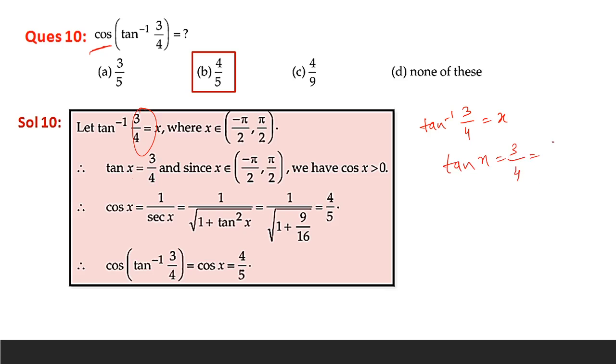And what is the tan function? Tan is p by b. What will be the hypotenuse in this case? Hypotenuse will be 5, right? And we have to talk about the cos function, so cos is b by h. What is b? 4 by 5. So what is the answer? The answer is 4 by 5, which is option B.